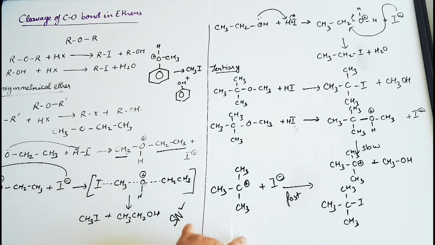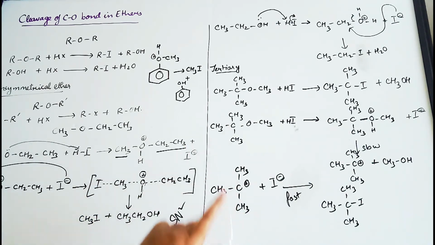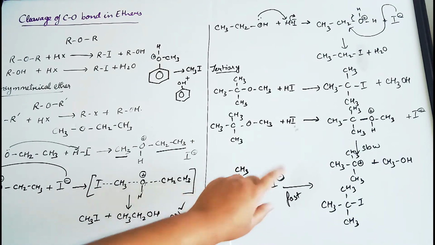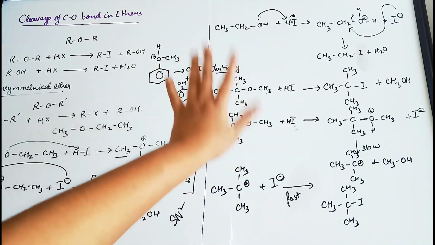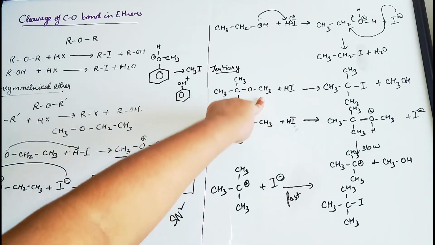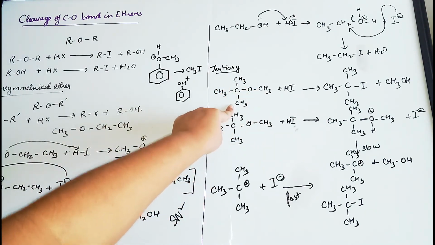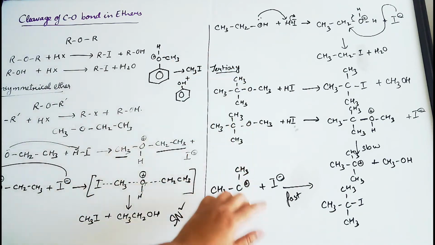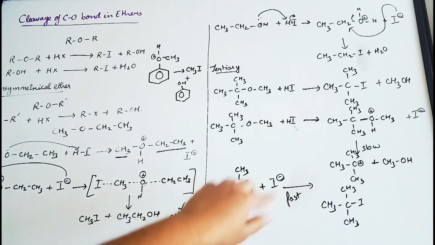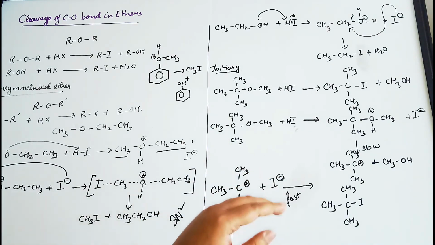In the SN1 transition state, you have the formation of a carbocation, and this in turn is going to get attacked by the iodine. So here, in the case of tertiary, we expect the CH3 to form an alkyl halide, but it's actually the other way around because of the formation of a carbocation, because this reaction is taking place through the SN1 process.